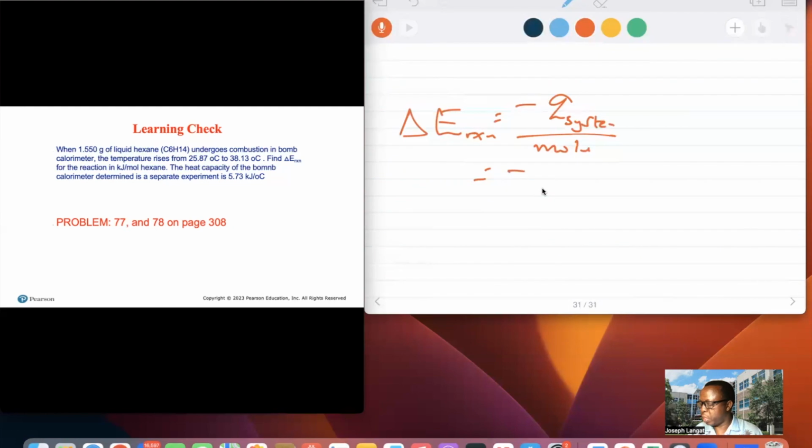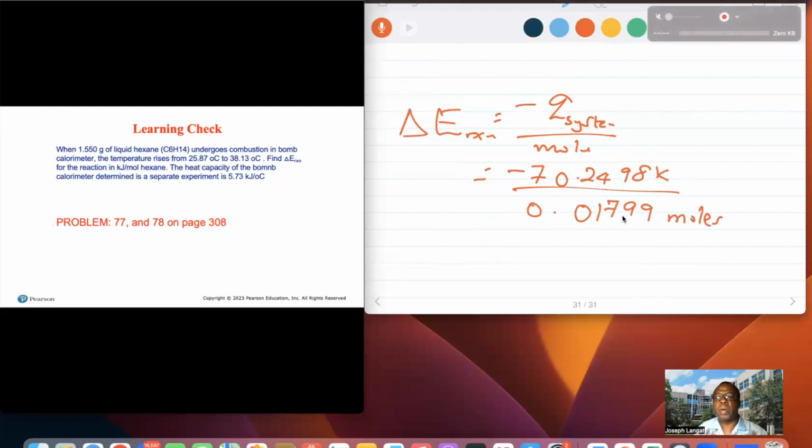This equals negative 70.2498 kilojoules over the number of moles, 0.01799 moles. Remember, this is the number of moles in 1.550 grams of liquid hexane because of what we are asked: what is the change per mole.